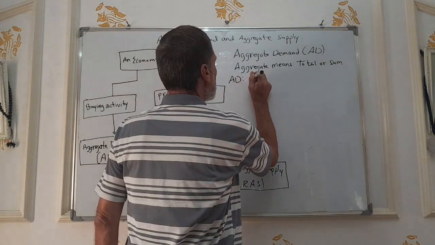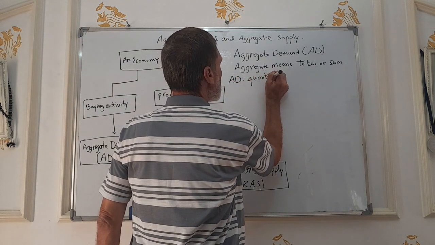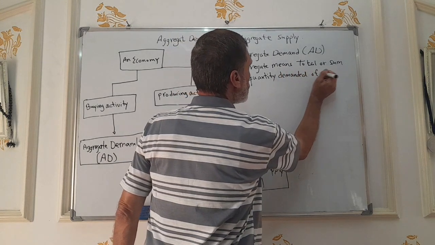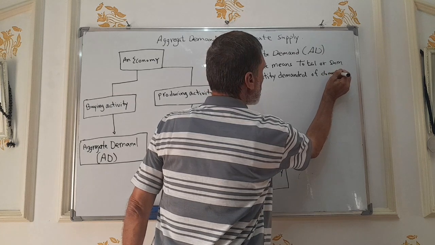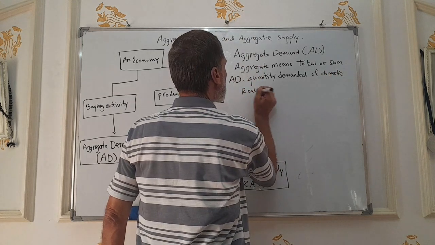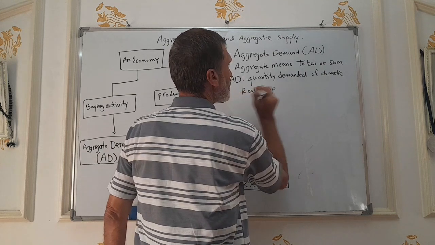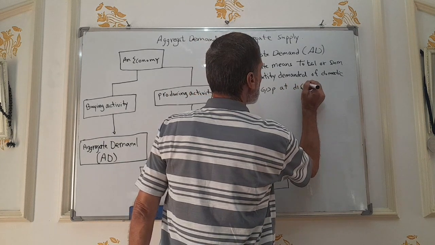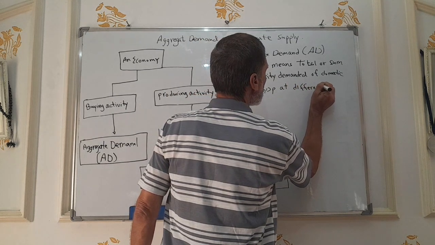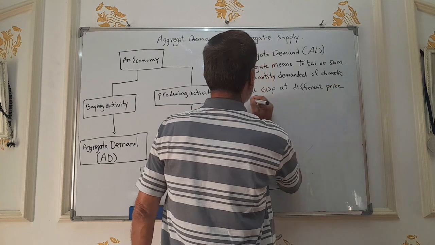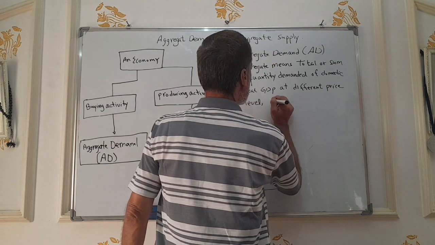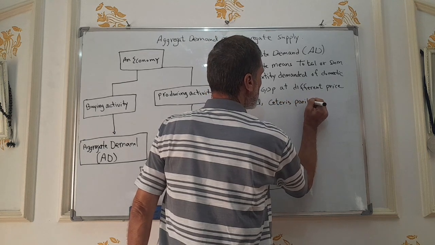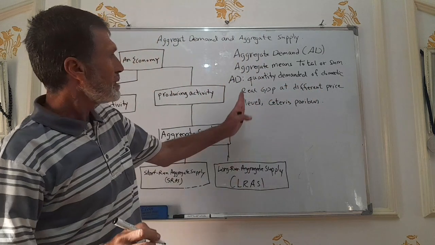It is quantity demanded of domestic real GDP at different price levels, ceteris paribus. This is the aggregate demand.